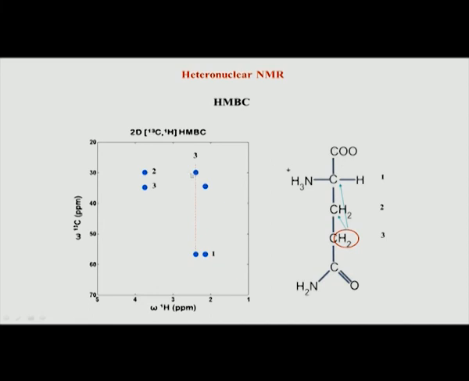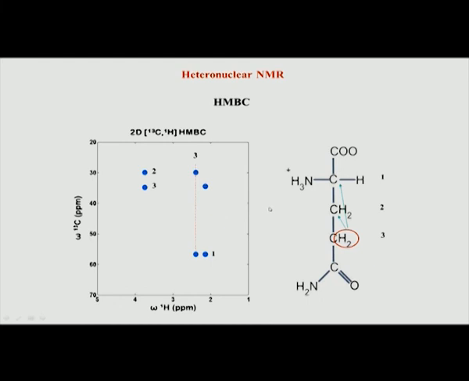But now we can see this starts giving us longer range information. It is telling us that this proton is not only attached to this carbon, which we get from HSQC, it is also telling us which other carbons are close, that is 2 or 3 bonds away from this proton. So in a way it is helping us to get connectivity information.